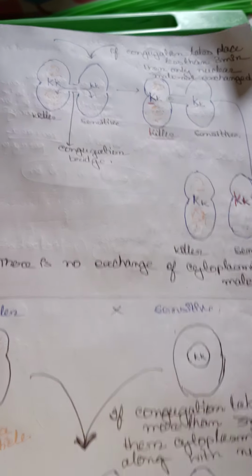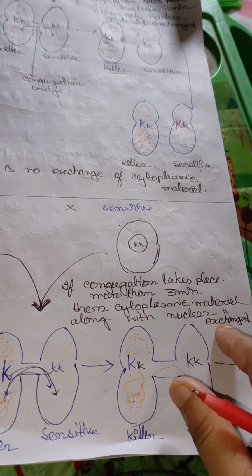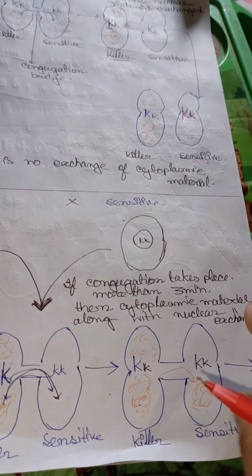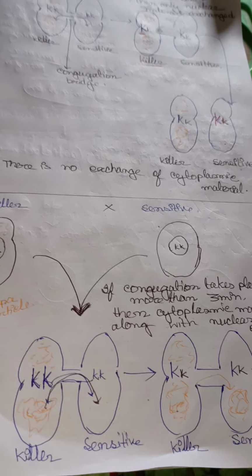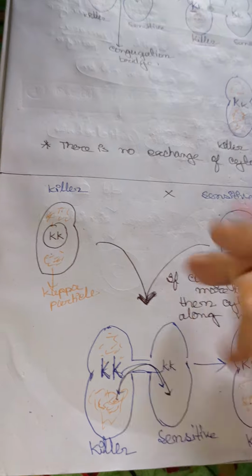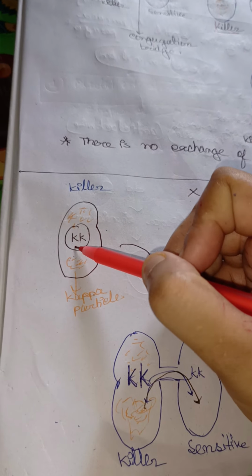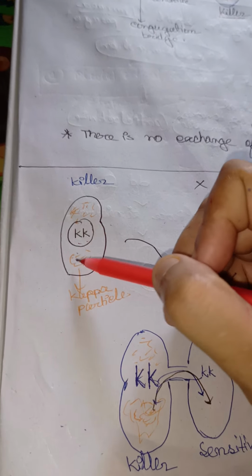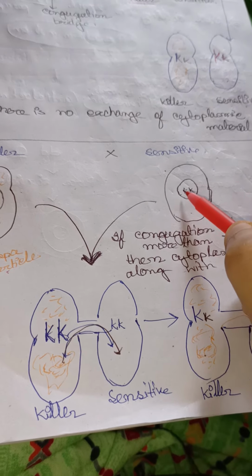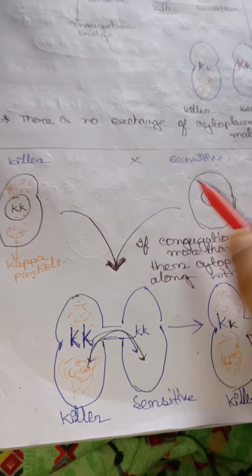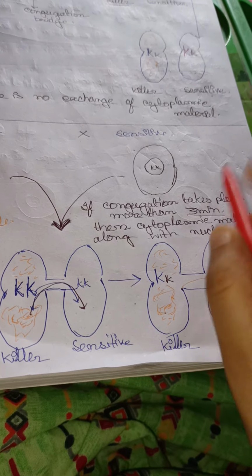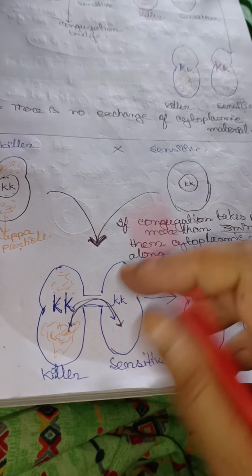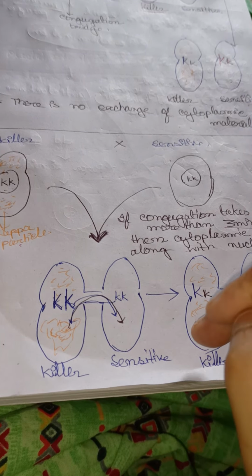But if the conjugation takes place in more than 3 minutes, then along with the nuclear material, the cytoplasmic material will also exchange. Clear? So same thing I have drawn, killer strand with K gene in dominant strand with the kappa particle, and another sensitive small k without kappa particle. So if conjugation takes more than 3 minutes, both the cytoplasmic and the nuclear material will exchange.